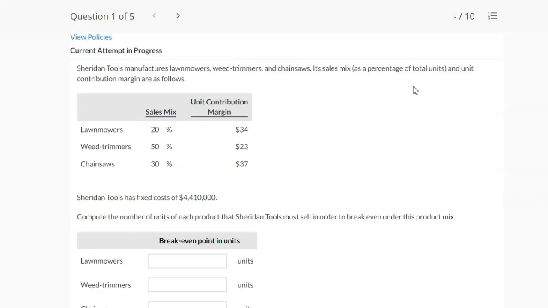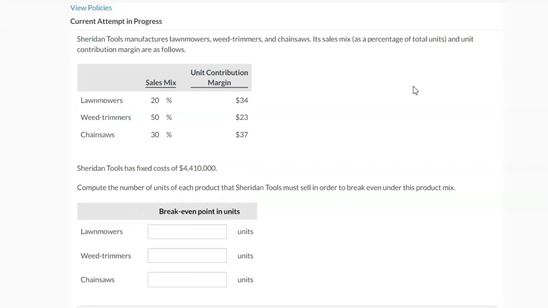That's $34 for lawnmowers, $23 for weed trimmers, and $37 for chainsaws. Okay, the fixed cost is $4,410. Now we have to compute the number of units of each product that the company must sell in order to break even under this mix.